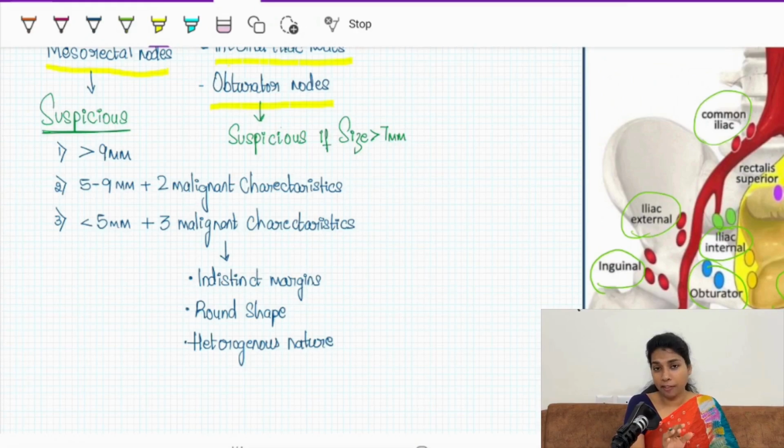If it is between 5 to 9 mm and it has two malignant characteristics, only then we call it suspicious. However, if the size is even less than 5 mm, but it has all three suspicious characters, even then we call it a suspicious mesorectal node. And this criteria applies only for a mesorectal node, guys.